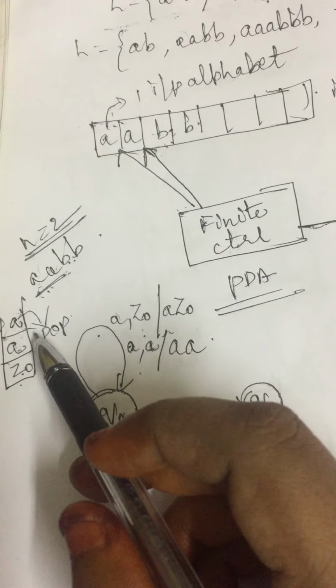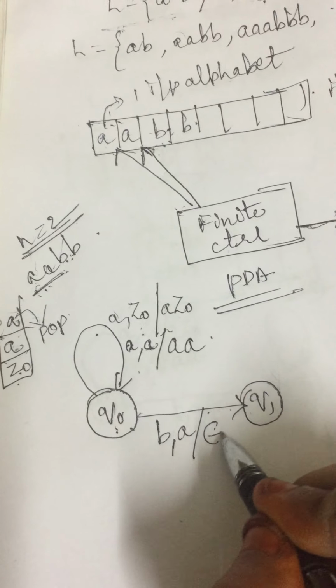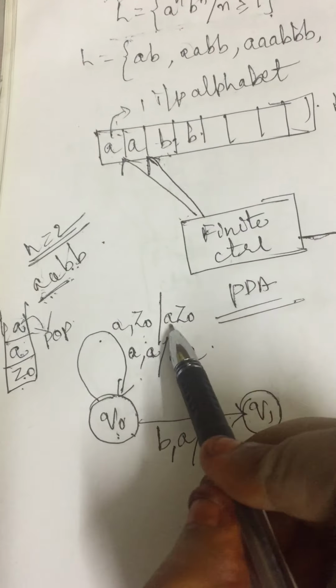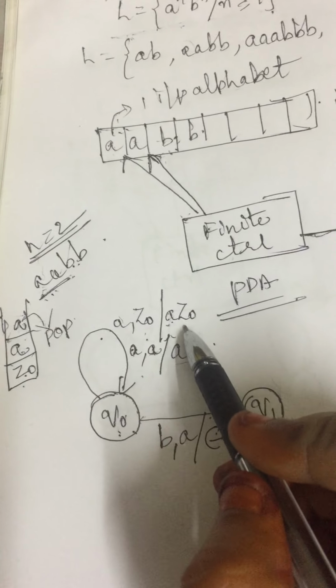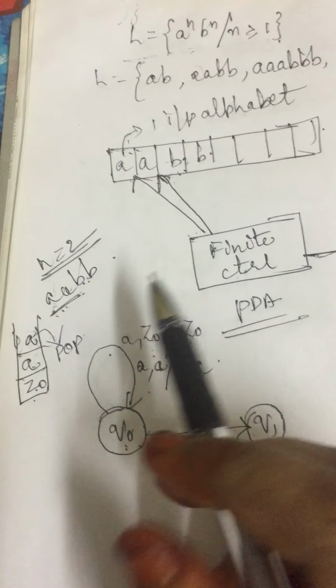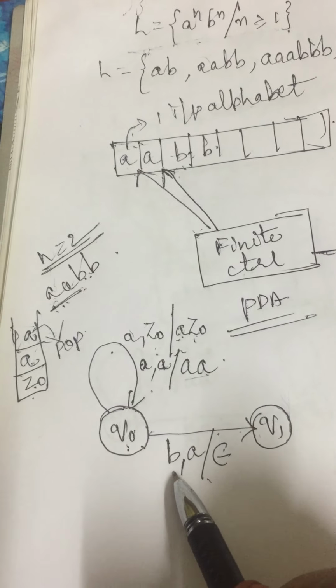When we are performing the pop operation, we need to represent it by the epsilon. For the push operation, we have represented it by removing the comma, such that this indicates the present top of the stack and this indicates the previous top of the stack. So this is how we represented for the input alphabet B.